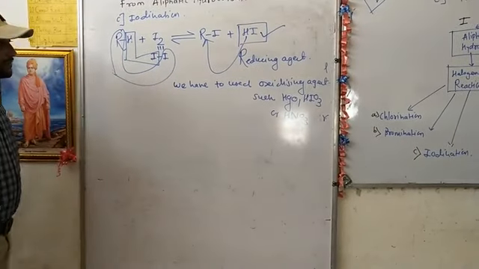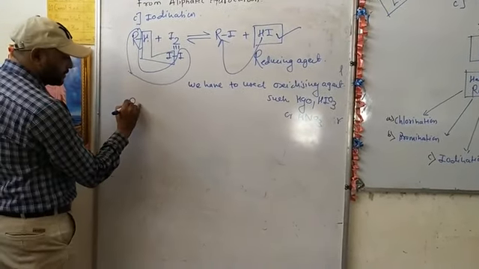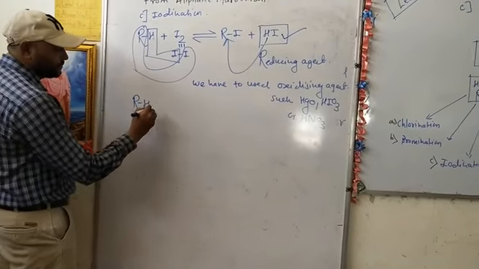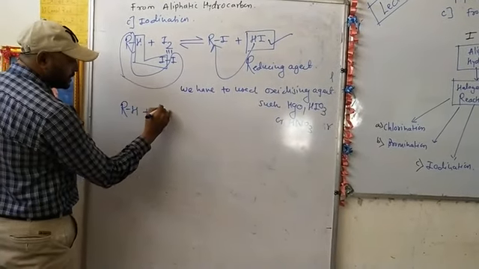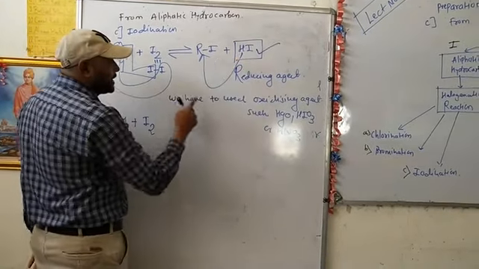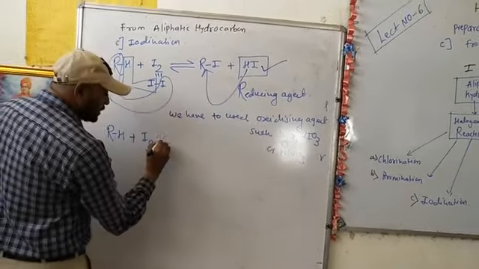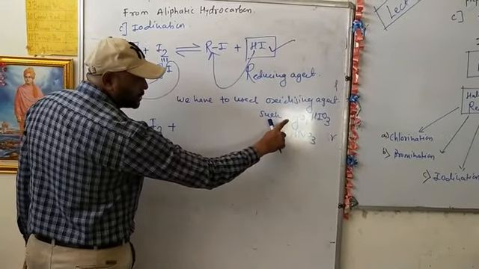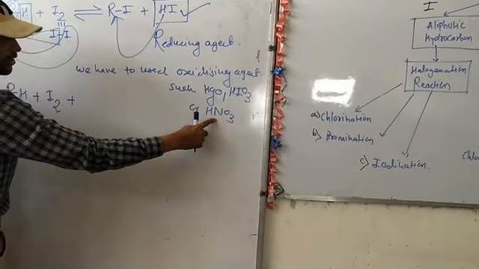So look at the example. Again, RH. For iodination we take here I2, and to avoid the formation of this HI and the reversible reaction, we should add here HgO or HIO3 or HNO3.